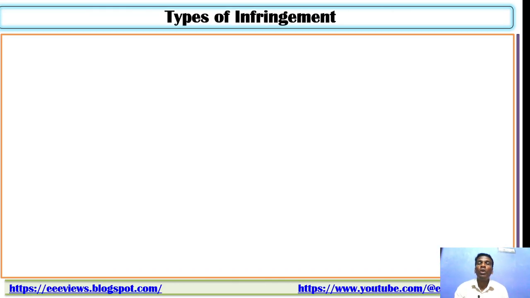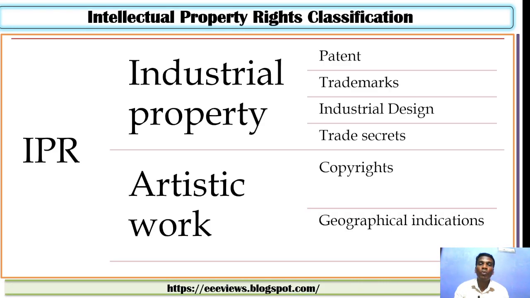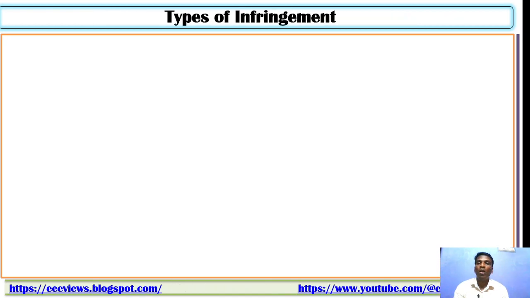There are various types of infringement, based upon the previous classifications. First, we will see copyright infringement. Previously we discussed what copyright is. We give copyright for any creative work, and the person can enjoy it for the lifetime of the author plus 60 years.